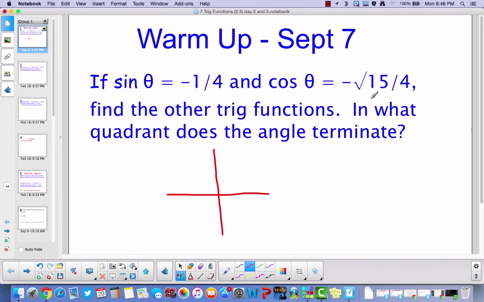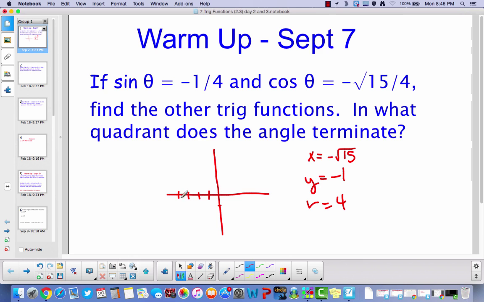It says we have the negative square root of 15, over 4, and negative 1. So x is negative square root of 15, y is negative 1, and r is 4.